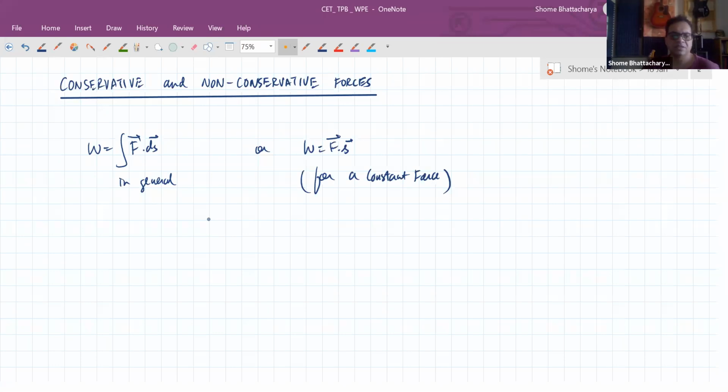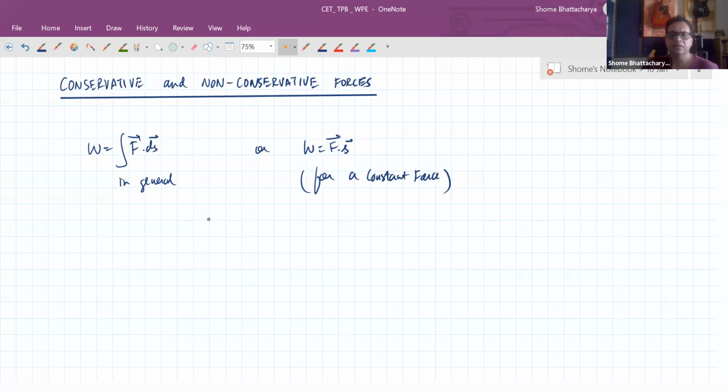So in such cases, we say that the force is conservative because the work done is independent of path. It depends only on the final position and the initial position. It doesn't matter what route or what path we take from initial to final. If that is the case, then we say that the force is conservative.